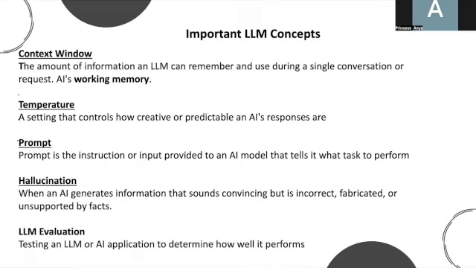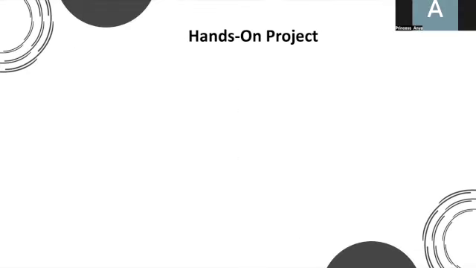Here, it is very critical, especially for product managers and product owners working on AI applications, to always leverage evaluation to determine accuracy, consistency, hallucinations, and performance. So this is very critical in building applications that satisfy users' needs. Now let's go into the hands-on project.